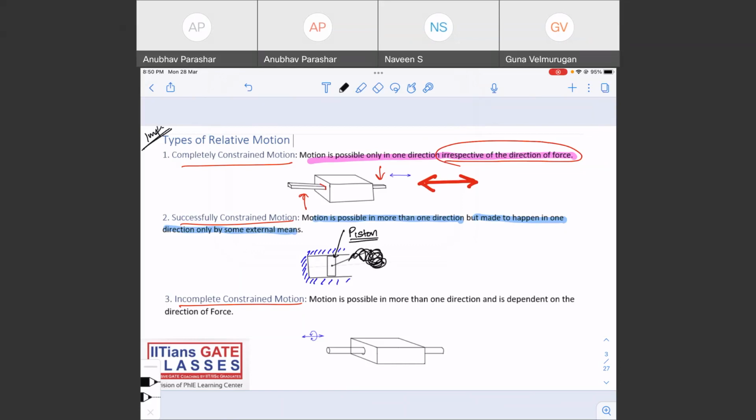Simply the piston inside the cylinder. What kind of motion can the piston do inside the cylinder? There are two types of motion. One is the to and fro motion. The piston can go inside the cylinder, it can come out of the cylinder.